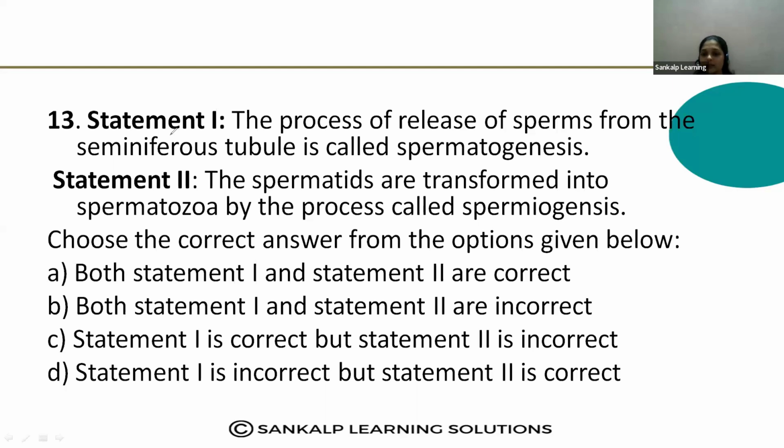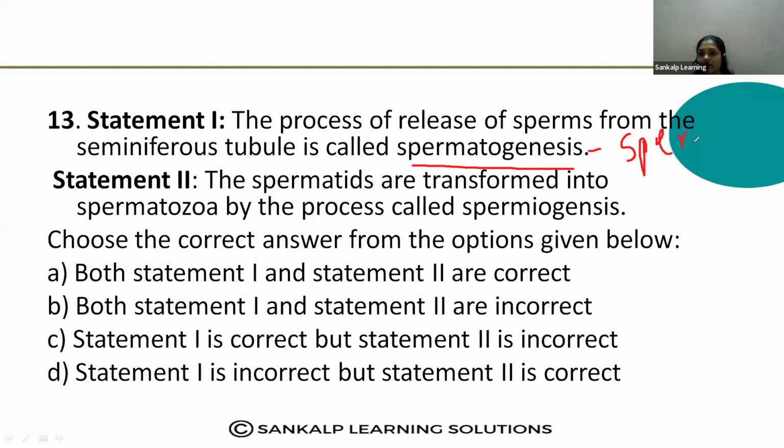Okay, many are saying the 13th one is C. Statement 1 is correct, but statement 2 is incorrect. Check it once. The process of release of sperms from the seminiferous tubule is not called spermatogenesis. It is called spermiation.